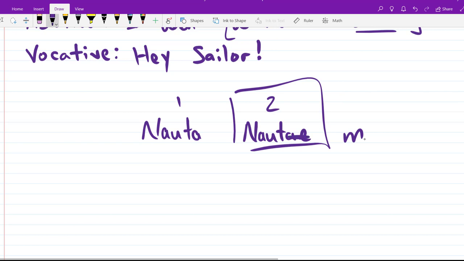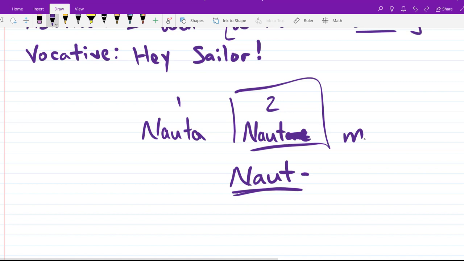To get your stem, you just get rid of the AE, so your stem is naut, and then you add your endings to that. And now you might be saying, well, couldn't I just get rid of this A here and I get the same exact thing? And that is true. That is very true. But that's not always going to be true for every case and every declension every time. So it's very helpful just to know it.